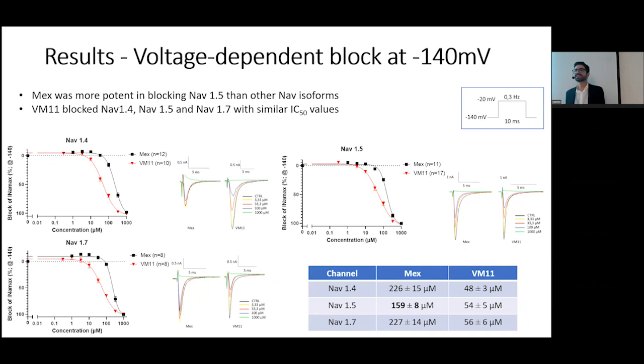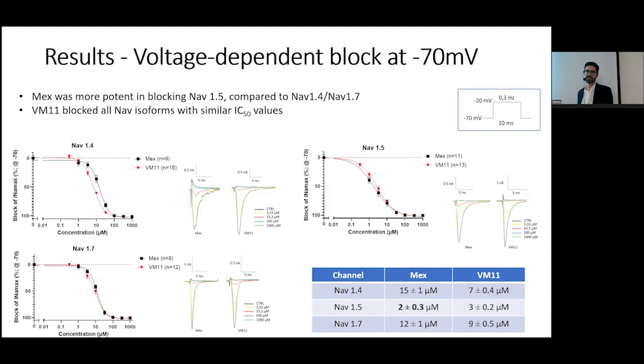Then we also assessed voltage-dependent block at -140 millivolts, and we see that mexiletine was more potent in producing voltage-dependent block on NaV1.5 than NaV1.4 and NaV1.7, and WM11 blocked NaV1.4, NaV1.5, and NaV1.7 with similar IC50 values.